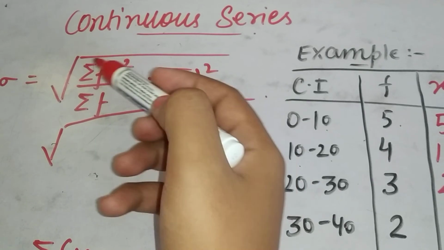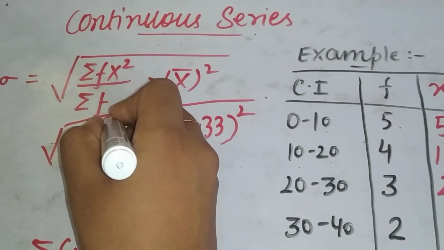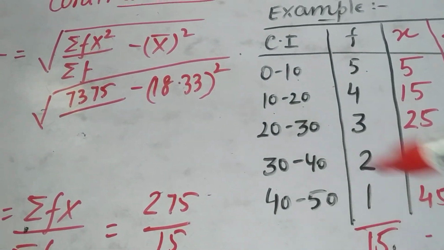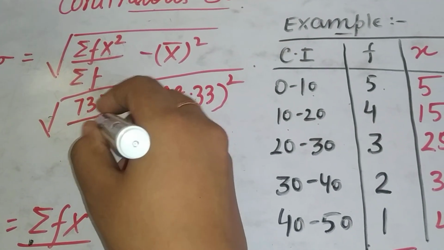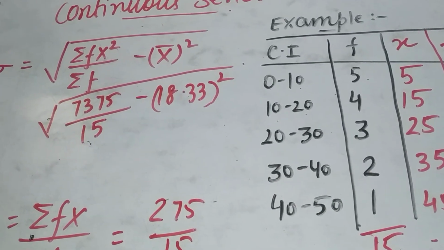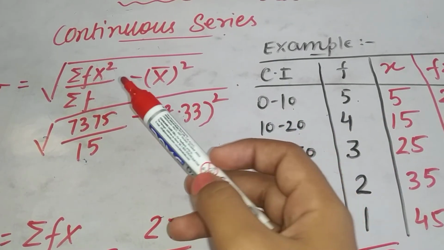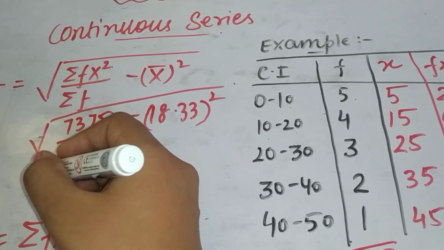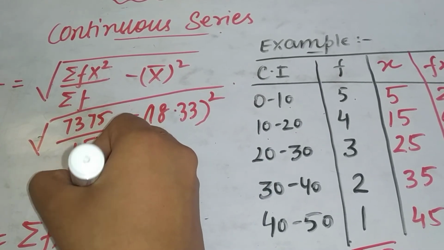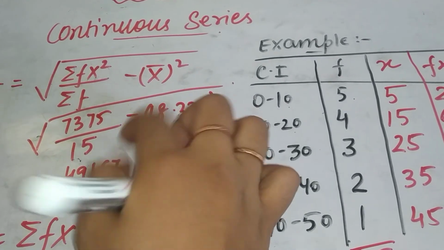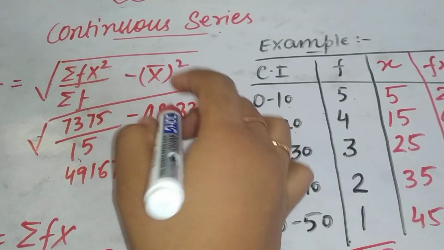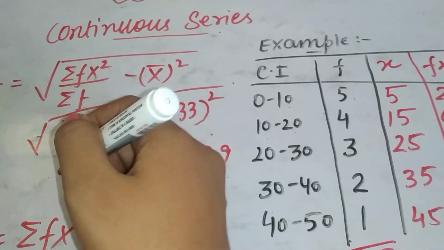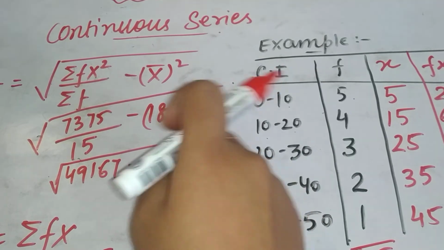Now put this value in the formula. So summation fx square is 7375 upon summation f. Summation f is 15. Now solve them. We divide them. So 7375 divided by 15 will be 491.67 approximately, and the square of the mean is 335.99.